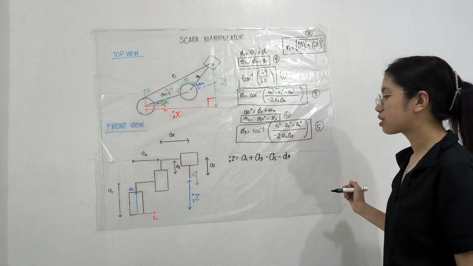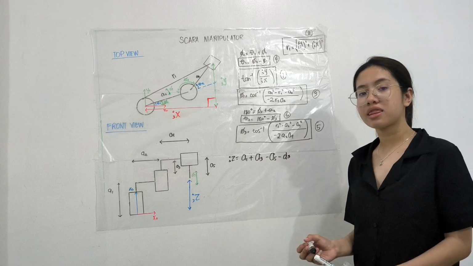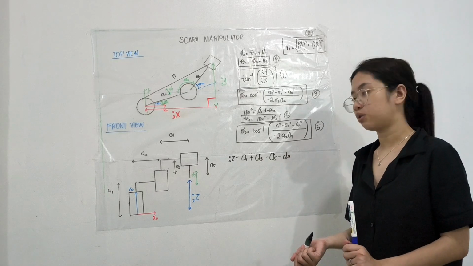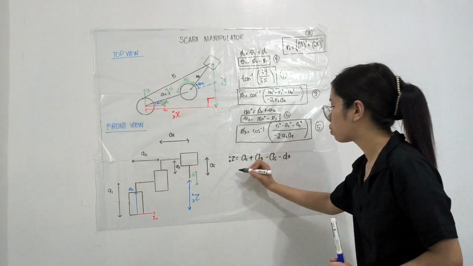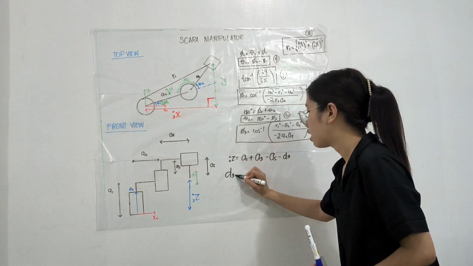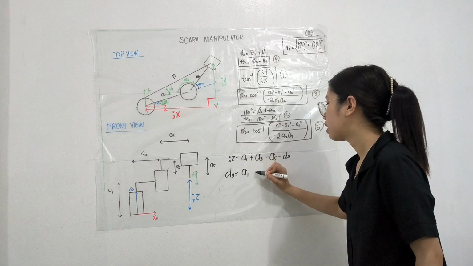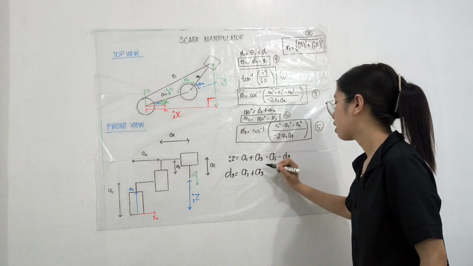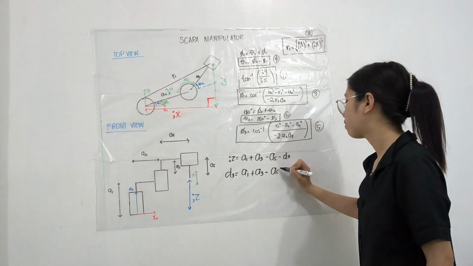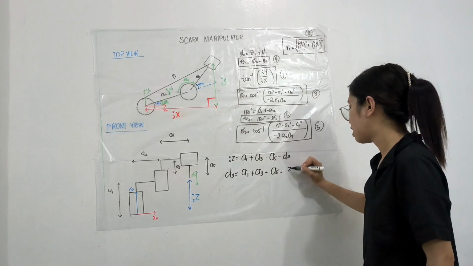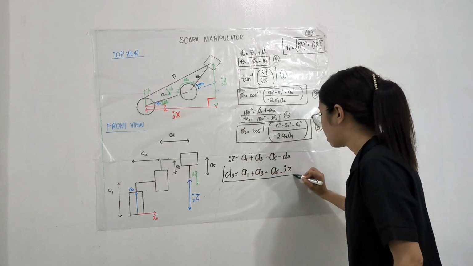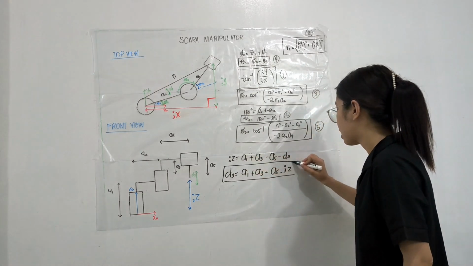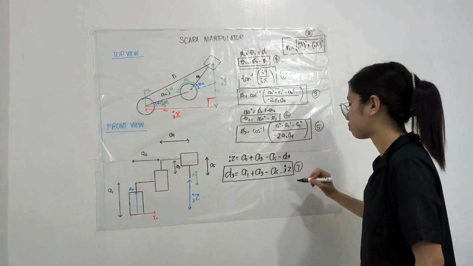It is minus d3 because the direction of our end effector is pointing downward. So to solve for d3, we arrange this to d3 is equal to a1 plus a3 minus a5 minus z sub 0, 3. This will be our seventh equation.